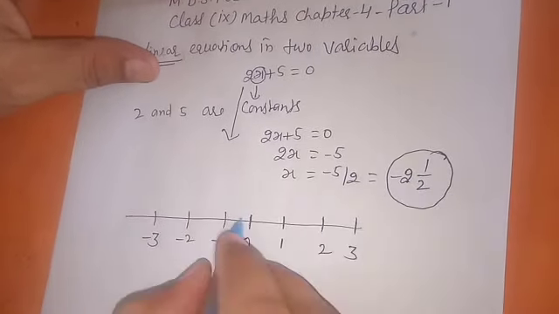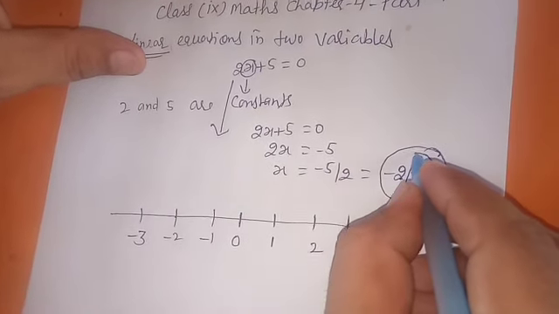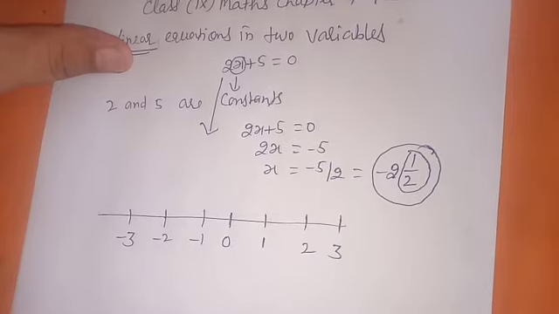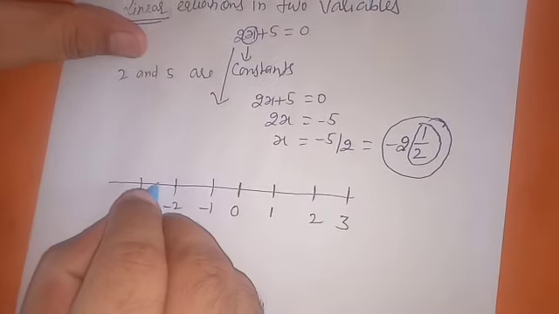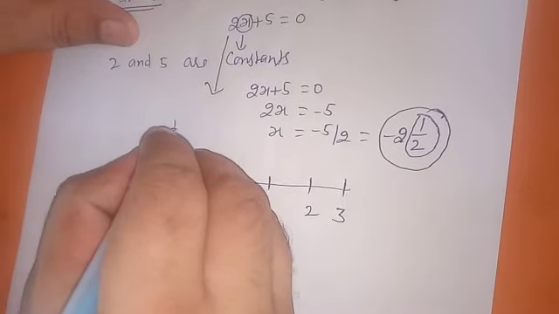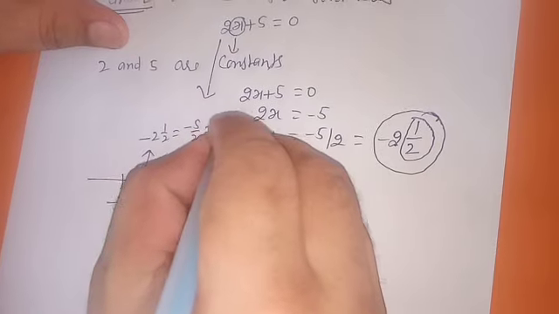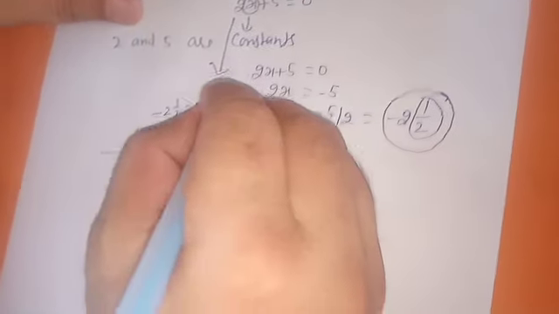Minus 2 complete, so minus 2 is this, and after this, half. So it's lying between minus 2 and minus 3, divided into two equal parts. So this is the value of minus 2 into 1 by 2, or equal to, you can say, minus 5 by 2. Standard way of writing is this.